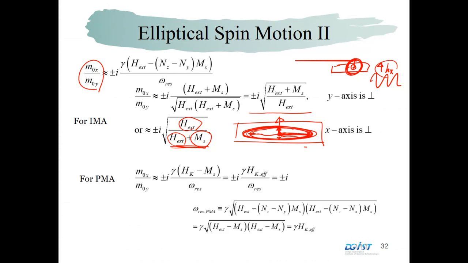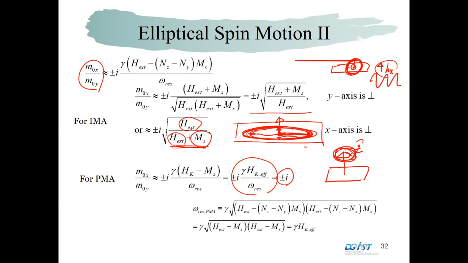Okay. But in a PMA case, it gives us just one different phase. That means if we have a PMA, the magnetic moment direction is here, and this is the z-axis, then motion in the XY directions is free.